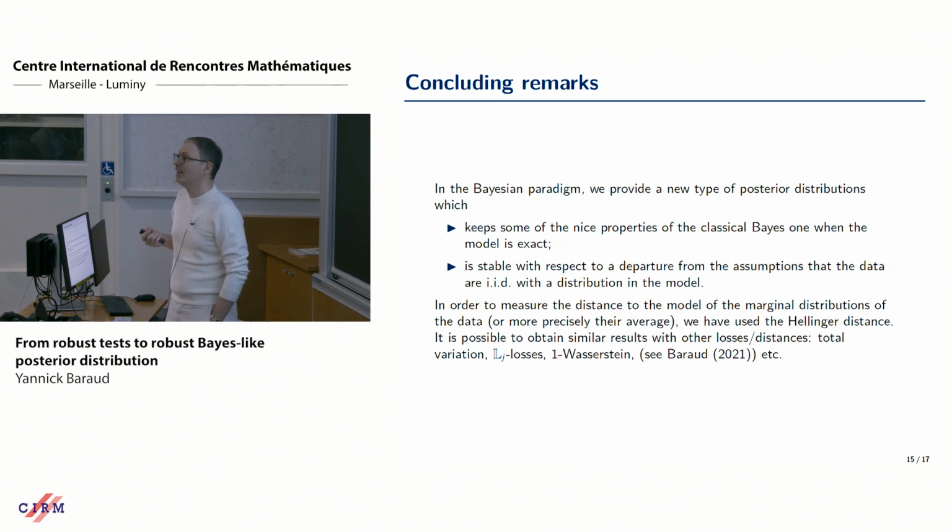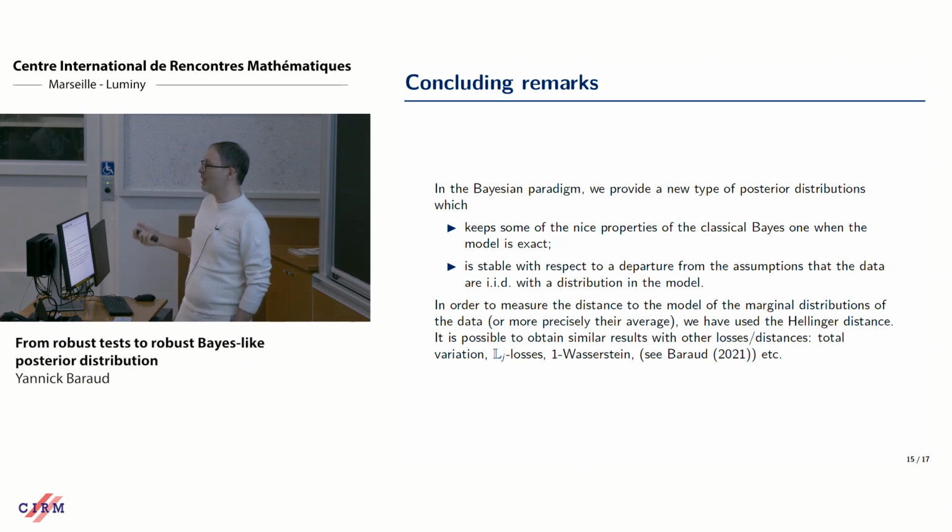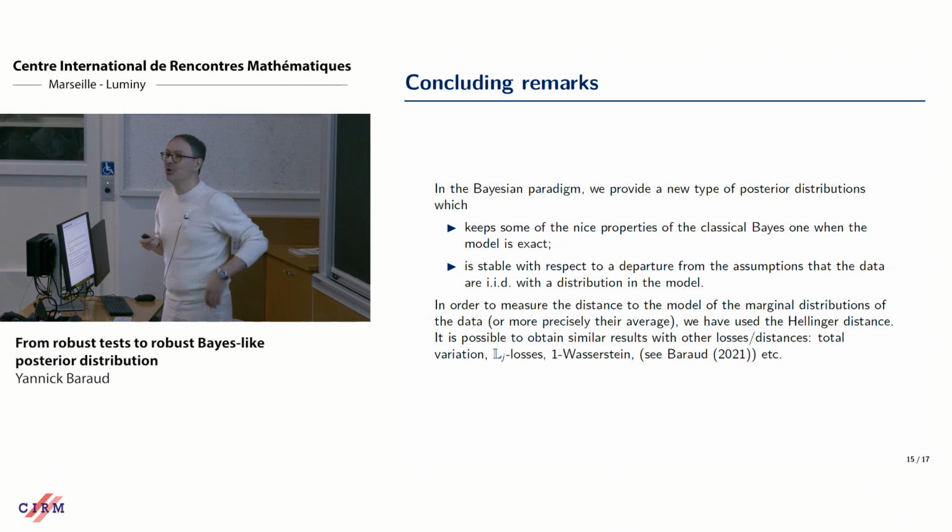So you can have some statistical models for which, if you apply those results with total variation, you will converge at a rate which will be suboptimal. And the advantage of the Hellinger distance I've introduced before is that you guarantee that you always have the optimal concentration rates.